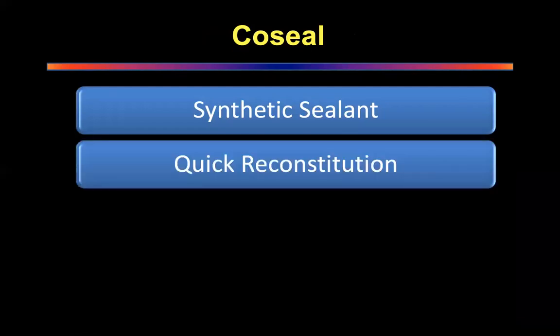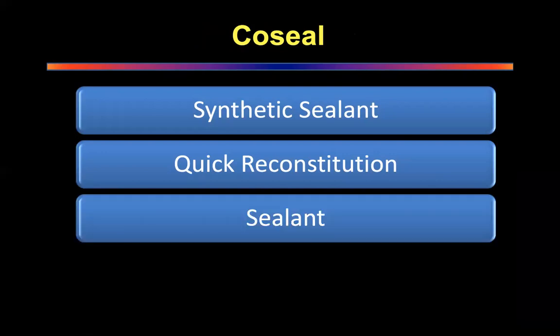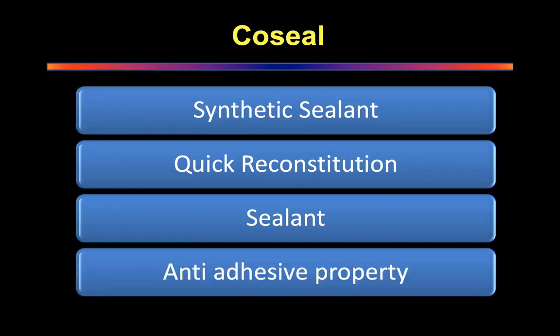Okay. Coseal is a synthetic sealant. The good advantage of Coseal is you can immediately open and use it, as opposed to Tisseel, because Tisseel you have to reconstitute, which takes about 8 to 10 minutes. Coseal is a sealant, so it is actually used for covering surfaces of lung to prevent air leak. So it's a pneumostat.